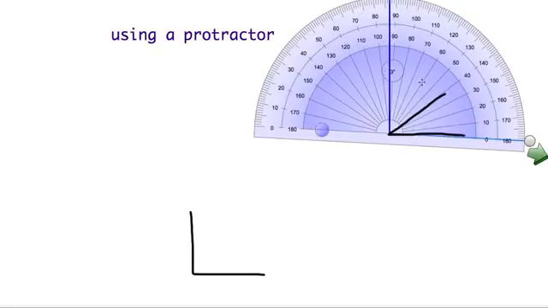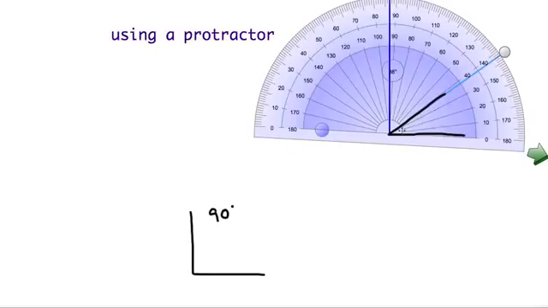And now I can see that my angle facing this direction, I'm going to be using the inside numbers because this is smaller than this angle, which measured at 90 degrees. So I'm going to use the inside track, and if I use my handy helper here, I can see that it is almost 40 degrees or about 38 degrees.